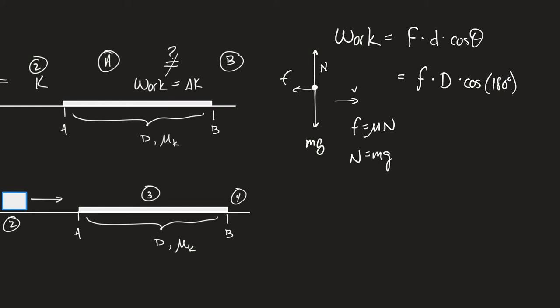I know writing all this down is what I'm supposed to do, but I think we've also reached a point where I can say that the work by friction is just mu mg d, and put the negative sign out there because of the cosine of 180. Well, this has to equal the change in kinetic energy. Now, I'm not surprised by this.